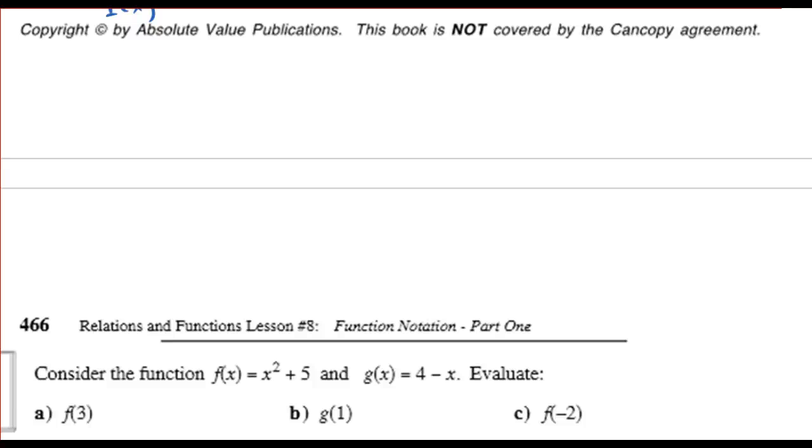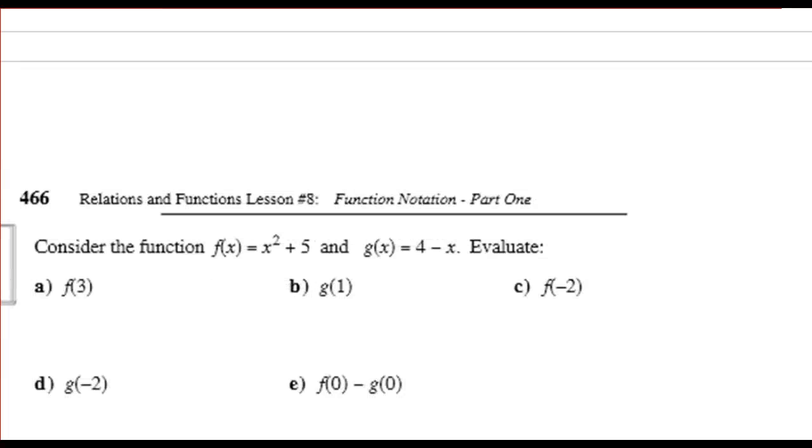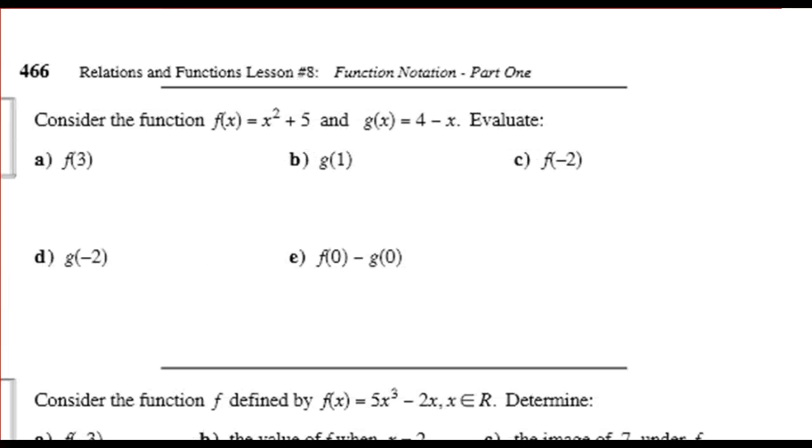Let's go ahead and do some examples. The first one, my function f is x squared plus 5. What this x represents here is the input. So this is f at x, and f at x is x squared plus 5. Well, this is f of 3.